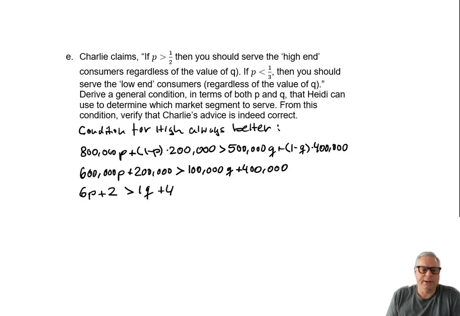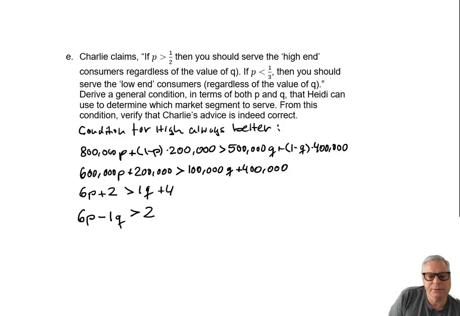And now let's get the variables to one side, so we get 6P minus 1Q needs to be greater than 2. So that would be the condition, unless I made a mistake, but let's double check.